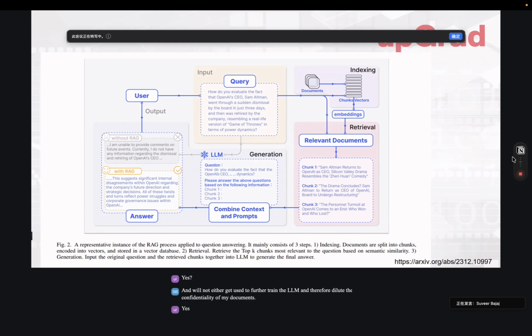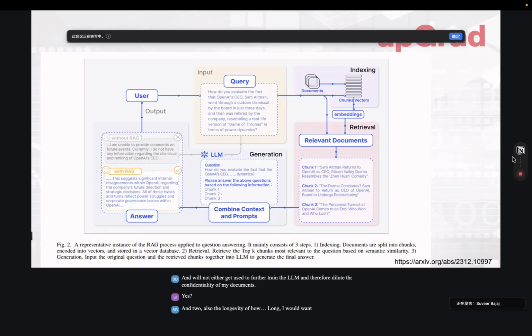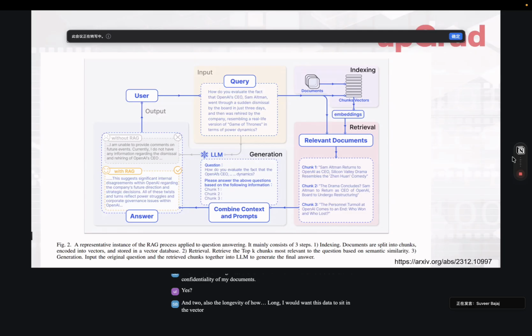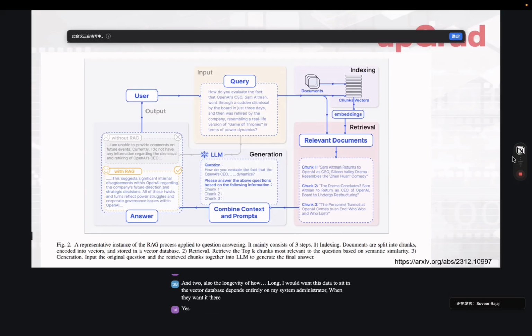Yes. And two, the longevity of how long I would want this data to sit in the vector database depends entirely on my system administrator. When they want it there, they can keep it. When they want, they can delete it, update it. Would both these statements be correct? Both are correct.